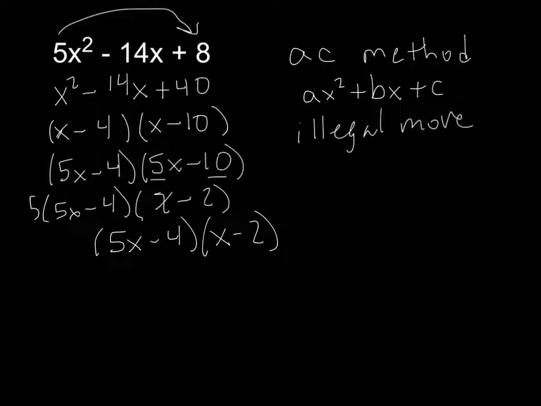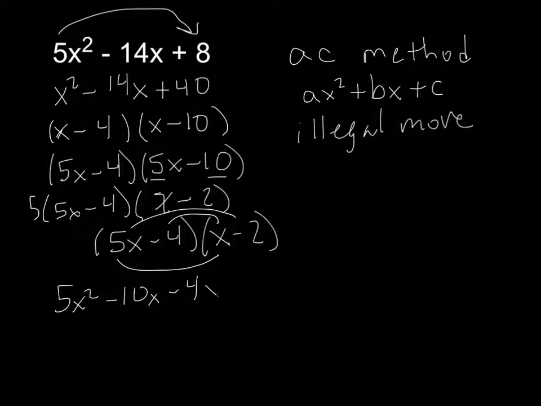And anytime you do the AC method, you definitely should double check your answer by doing the distributive property or FOIL to multiply it out. First, 5x times x is 5x squared. Outer, 5x times negative 2 is going to be a negative 10x. Inner, I get a negative 4x.